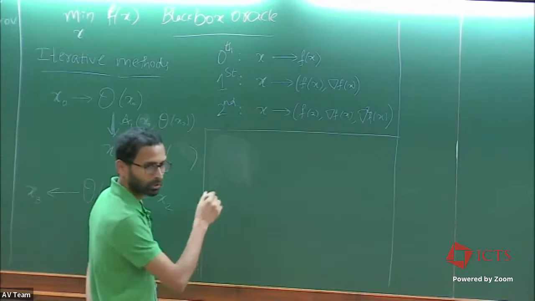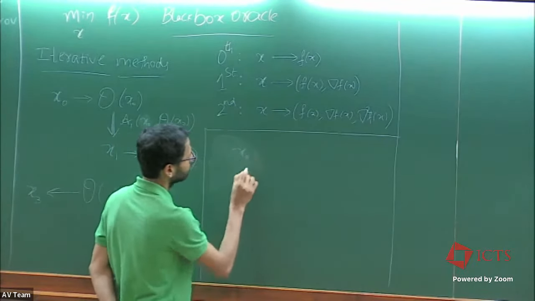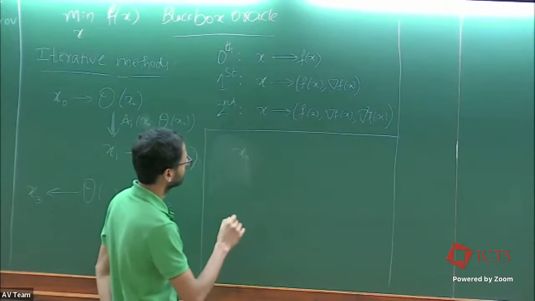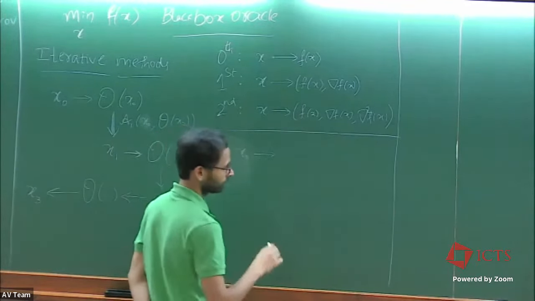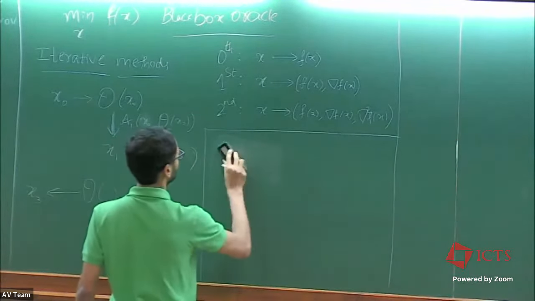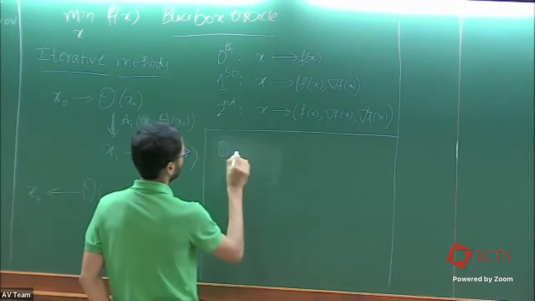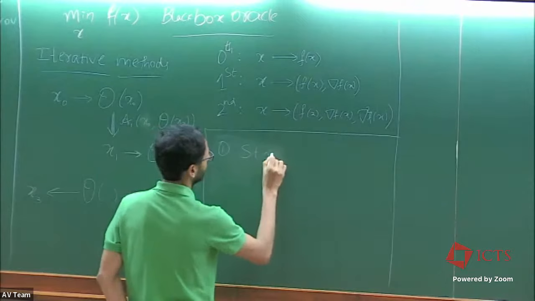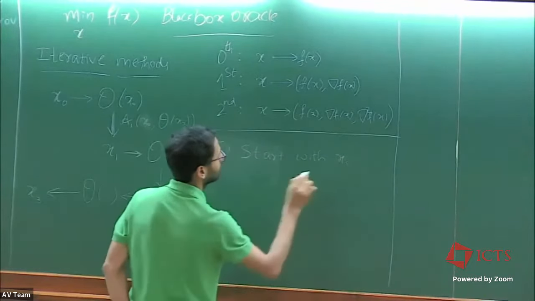One of the basic zeroth order algorithms will be the following. You start with x0, and then query randomly. So start with x0.